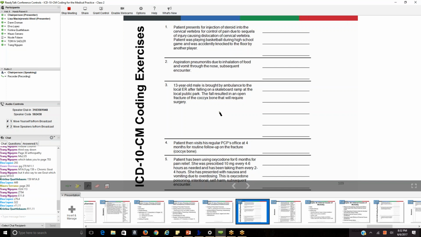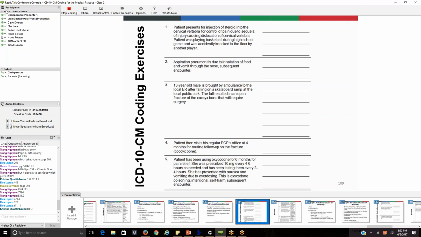So now at that point, we have got to go back to chapter 19, and we've got to look up S32. Fracture of lumbar spine and pelvis is S32, and the coccyx is one of the bones of the lumbar spine, okay?